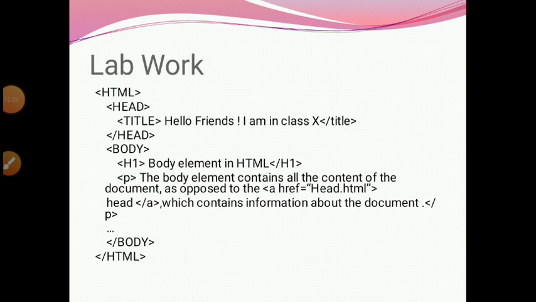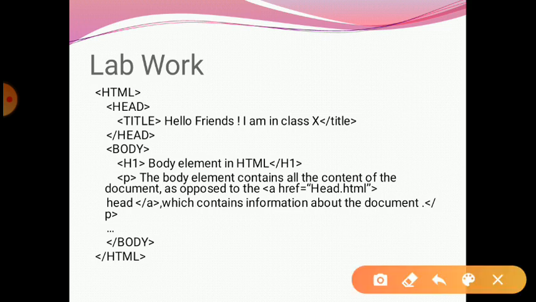And then the next tag is the P tag. It is a paragraph tag, basically used to define a paragraph in our web pages. The body element contains all the content of the document. Then there is the anchor tag: opening angle bracket, a href equal to head.html, then the word head and closing a tag.